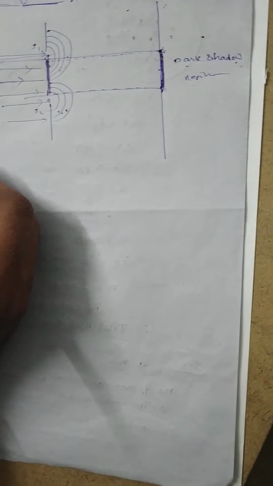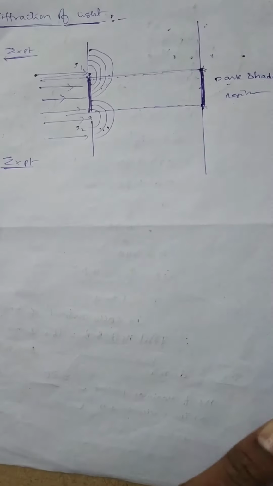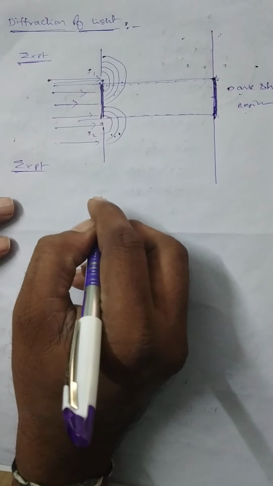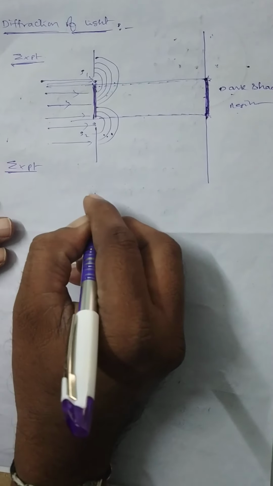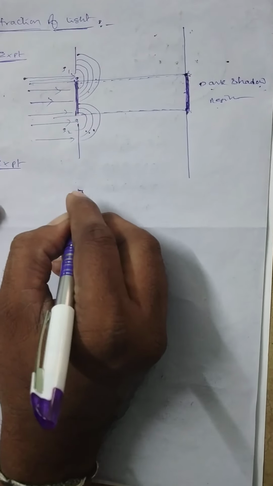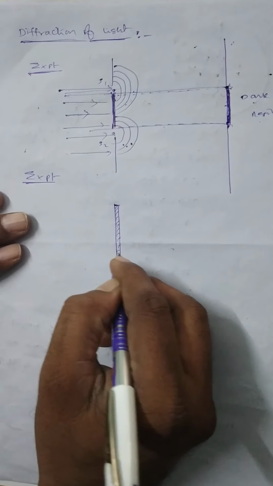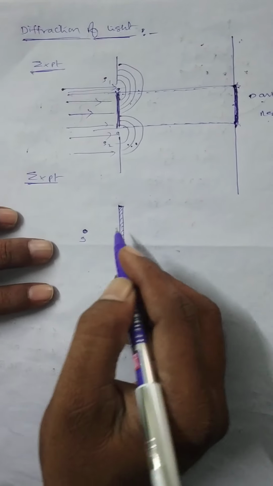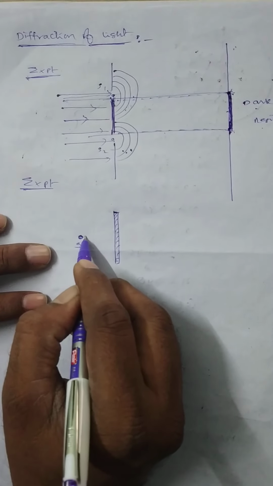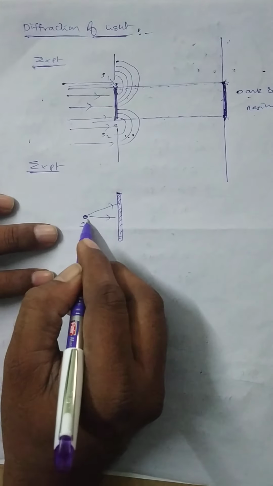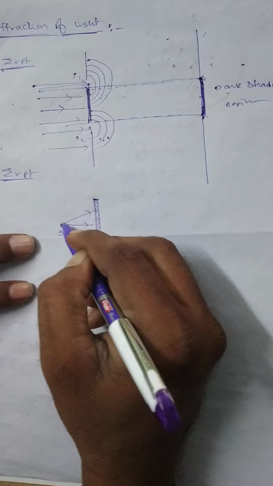Similarly, there is another experiment. Suppose here also there is a completely opaque material. A monochromatic source of light is taken, and the light is made to be incident on the opaque material along this direction.